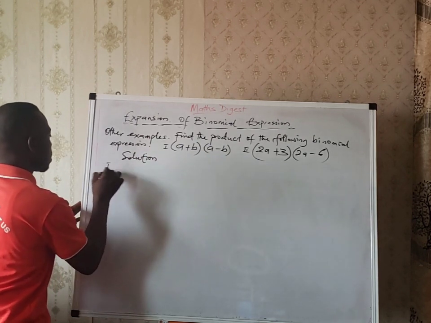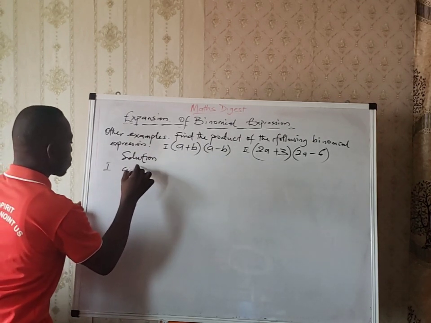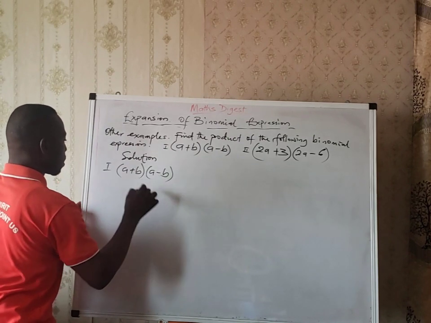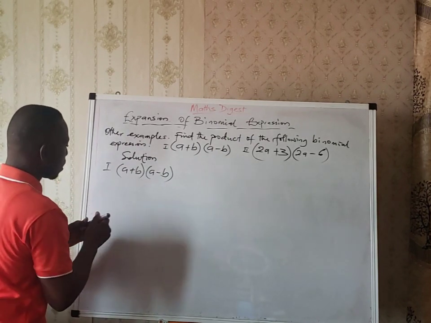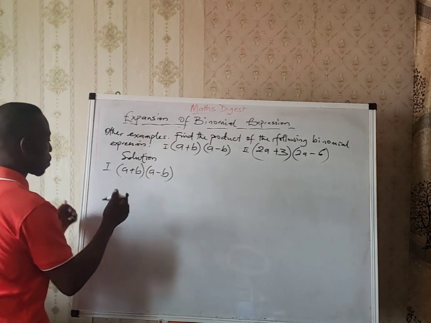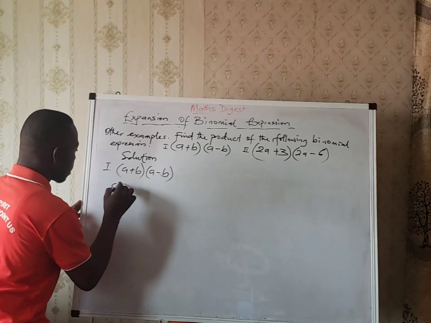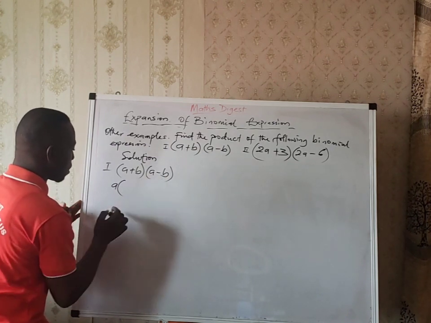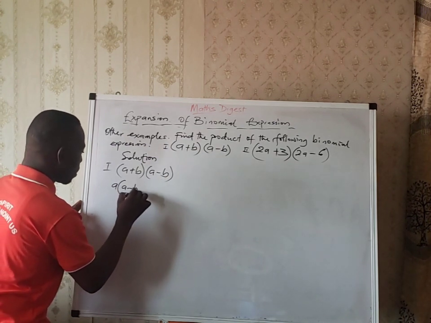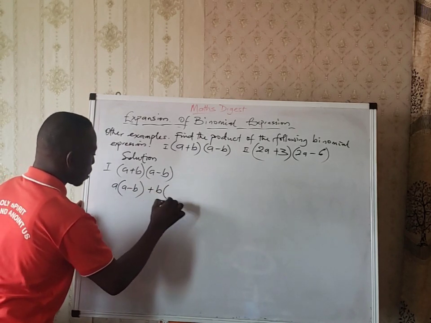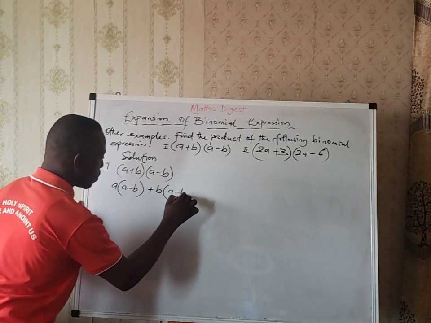The first one says a plus b and a minus b are in different brackets. So just like we did in the first example, we say a in brackets a minus b, and again plus b in brackets a minus b.